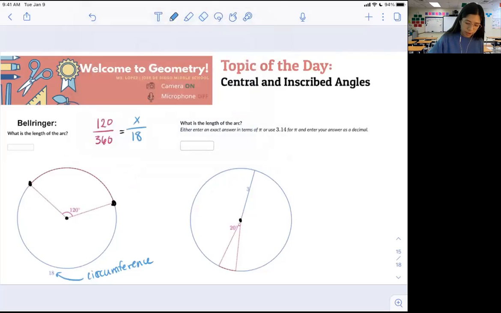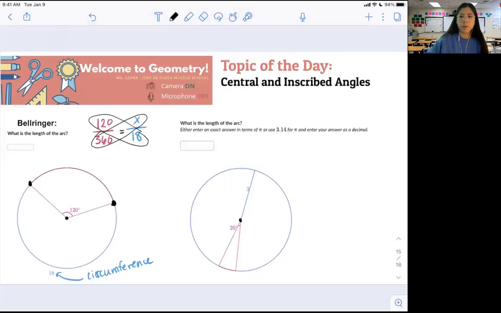Okay, now I can go ahead and solve. So we know there's a couple ways to do this. Cross multiplication will always get you the right answer, but I know that sometimes it can be easier if you simplify the fraction. But I always like to go with cross multiplication because it always works and we're not going to make any mistakes by doing it.